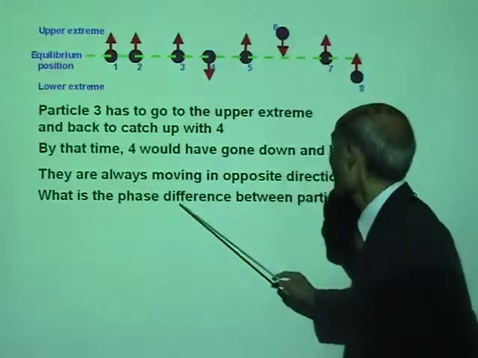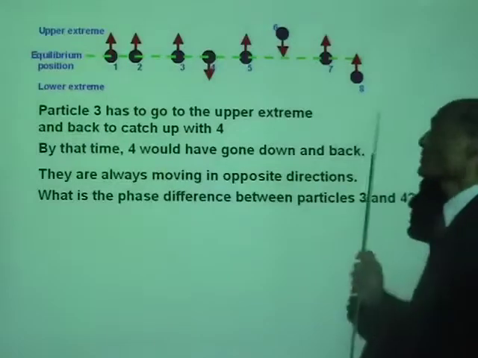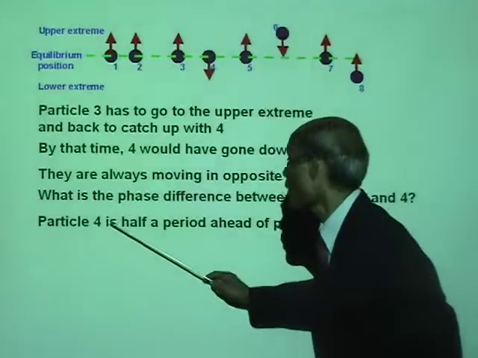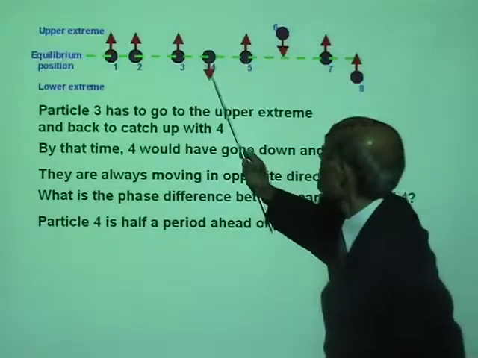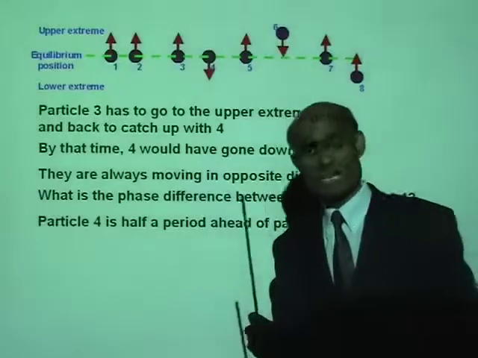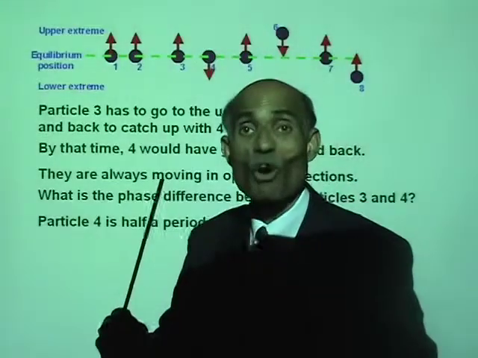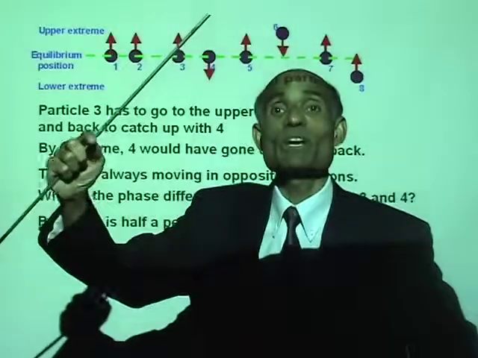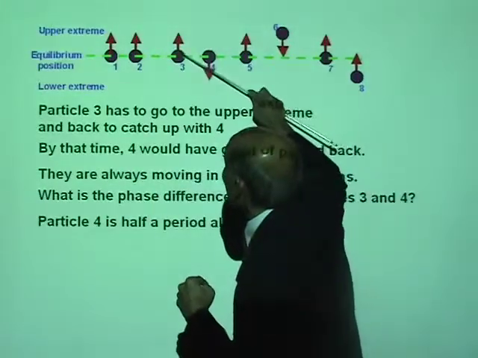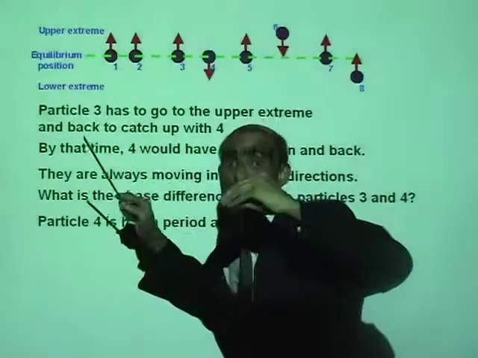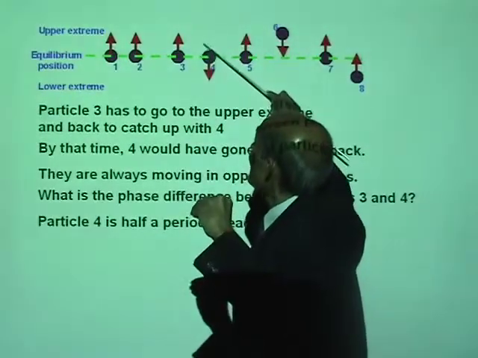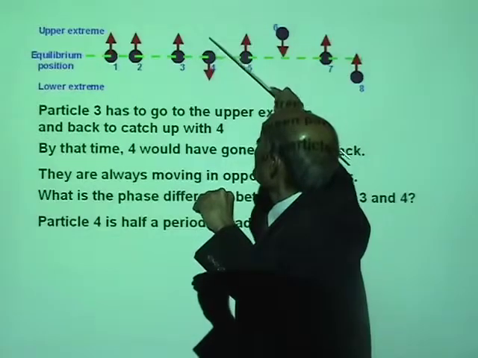So what is the phase difference between particles 3 and 4? Particle 4 is half a period ahead of particle 3. Did you really understand that? Particle 4 is half a period ahead of particle 3. That is, when particle 3 begins to go up, particle 4 has completed its upward journey.